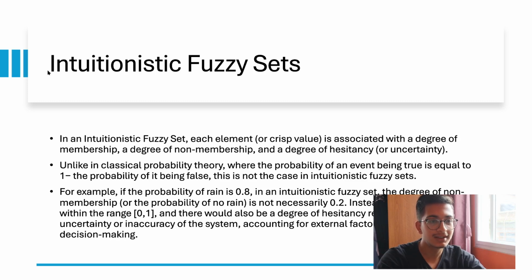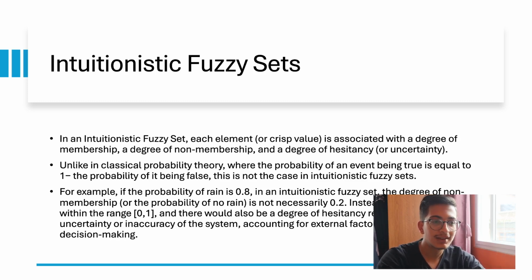Talking about the intuitionistic fuzzy set, it's a fuzzy set with crisp values. Every set needs to have crisp values, right? So it also has crisp values, but along with the degree of membership, it also has hesitancy and a non-membership function.